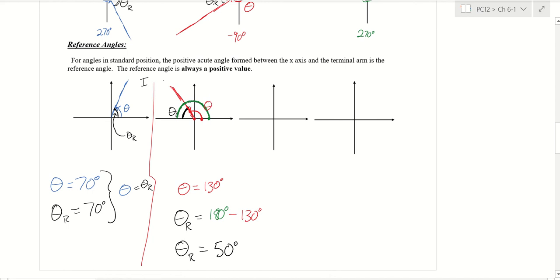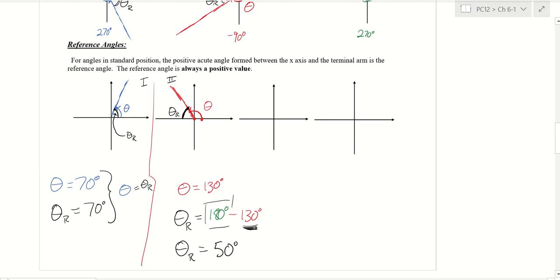So here, one thing we can notice is that this particular angle, its terminal arm, is in quadrant 2. And this is going to be true for all angles in standard position that end in quadrant 2. All we have to do is take our angle in standard position and subtract it from this 180 degree angle, which is the angle that we would get if we went from the positive x-axis to the negative x-axis.